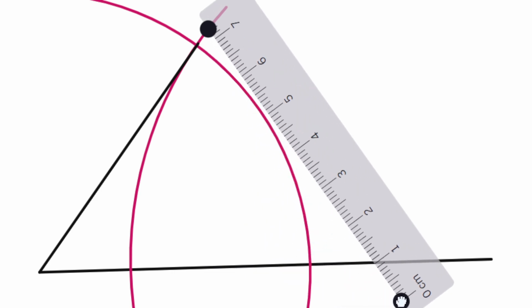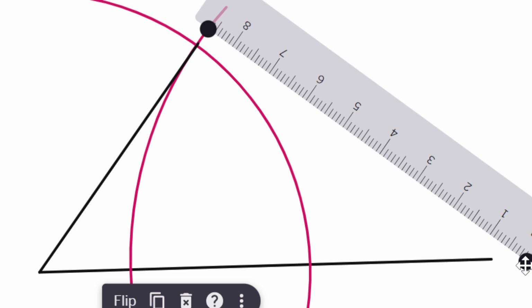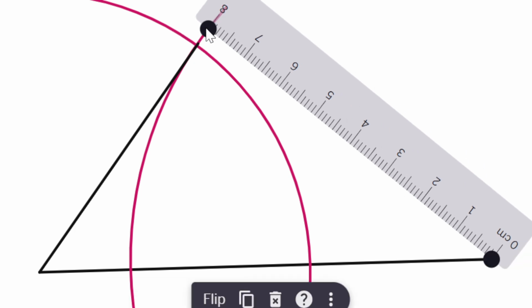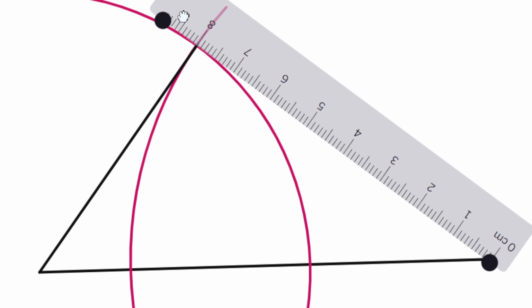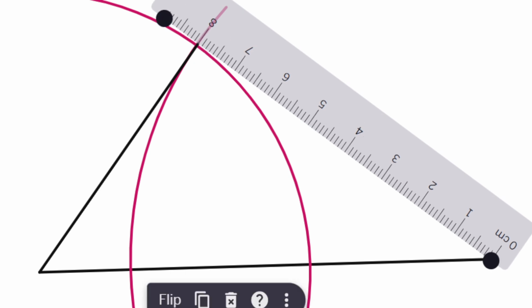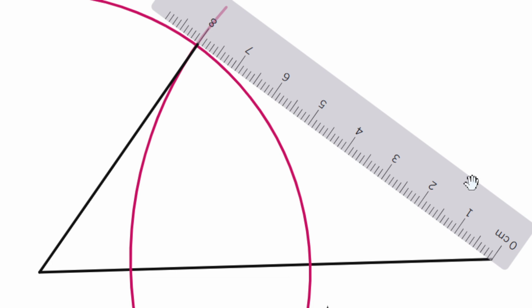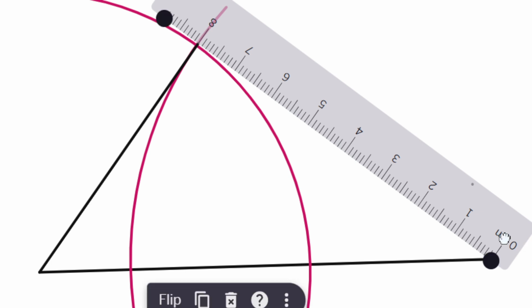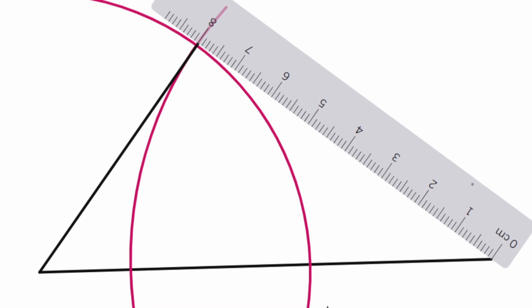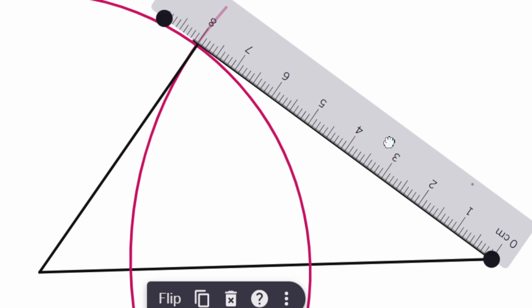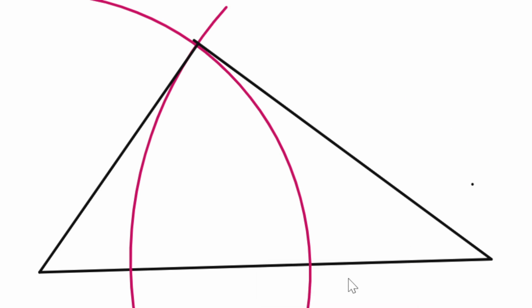Move the ruler to the other side. Right, it's something like this. Oh, this side is not perfect. Right, I think now it's good. Then connect the line to the other point. Now this is triangle ABC. We got it. Let me just move it back. Let me even take it away.